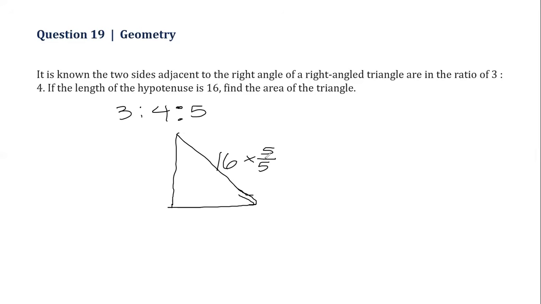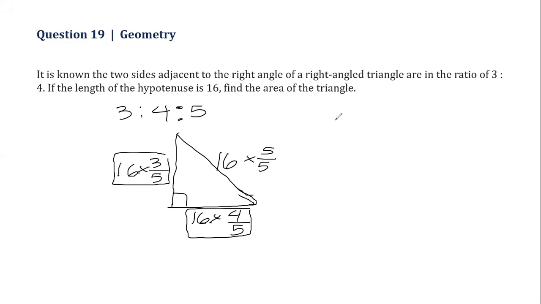The hypotenuse is 16, this side would then be 16 times 3 over 5, and this side would be 16 times 4 over 5. As you can see, the ratio is still intact. It's still 3:4:5, but we match it such that the hypotenuse is 16. So these are the lengths of the sides.